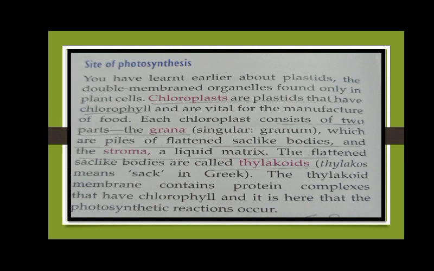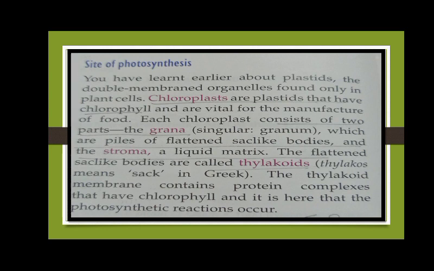And stroma. Stroma is the liquid matrix that is filled in all the empty spaces inside the chloroplast. The flattened sac-like bodies are called thylakoids. And the thylakoid membrane contains protein complexes that have chlorophyll, and it is here that the photosynthetic reaction occurs. Where? In the thylakoid membrane.